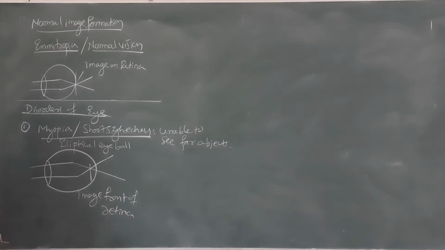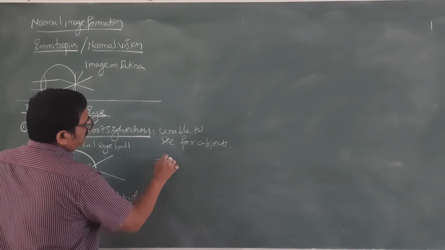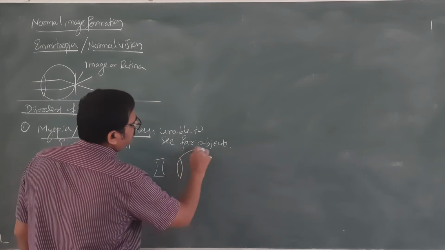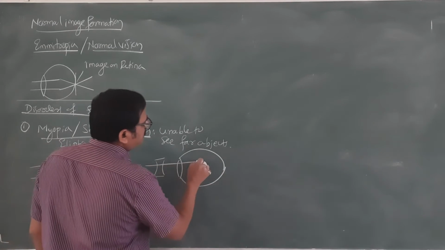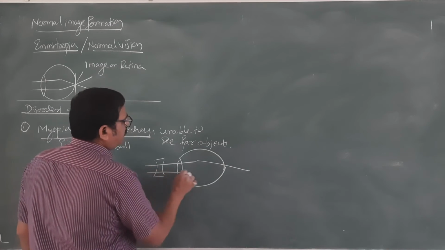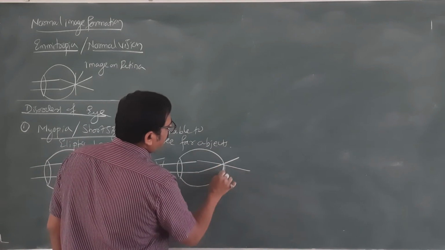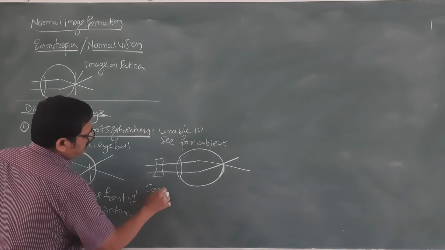Now, how is this recorrected? Yes, it can be recorrected by using a concave lens. Yes, and then the eyeball, no doubt it may be elliptical, but the concave lens makes the image form on the retina only.